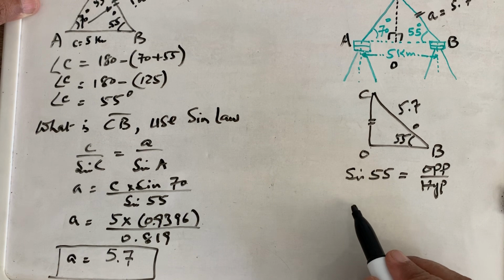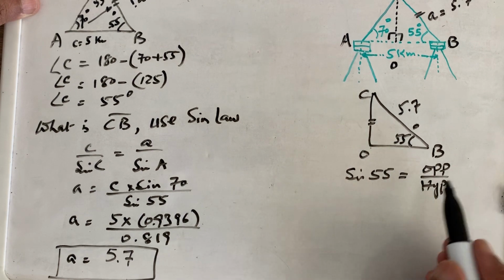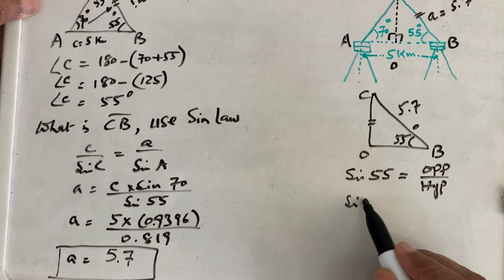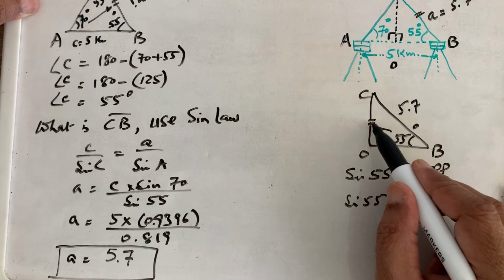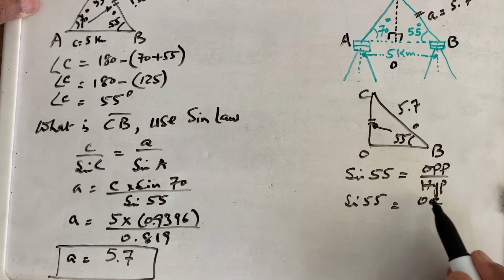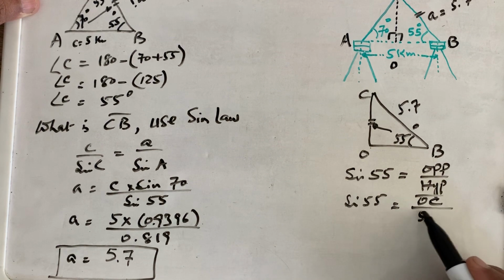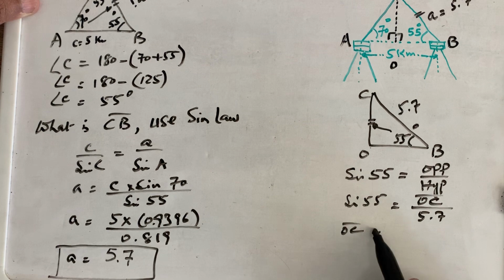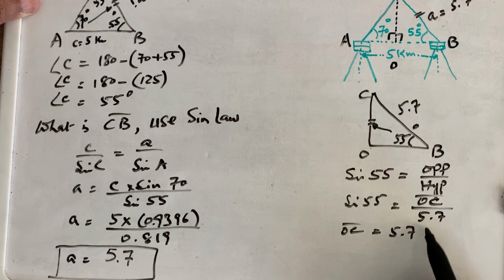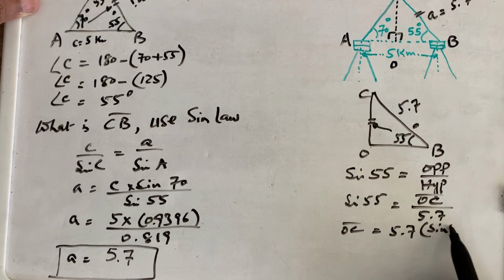So what is opposite? Let's see what my opposite is. Sine 55 is equal to, what is my opposite here? Opposite to this angle is OC, which is required. So OC divided by the hypotenuse. The hypotenuse is 5.7. So my OC will be equal to 5.7 times sine 55.